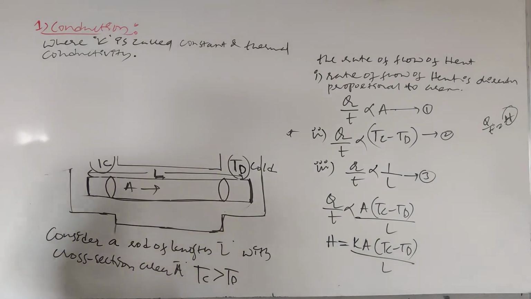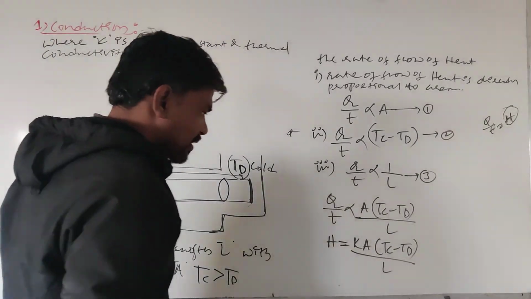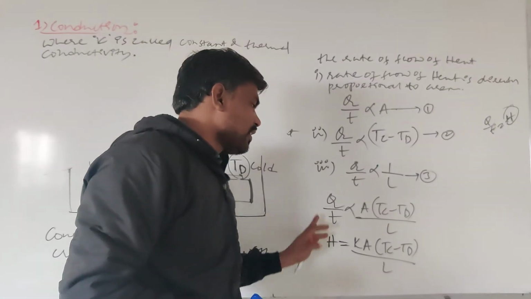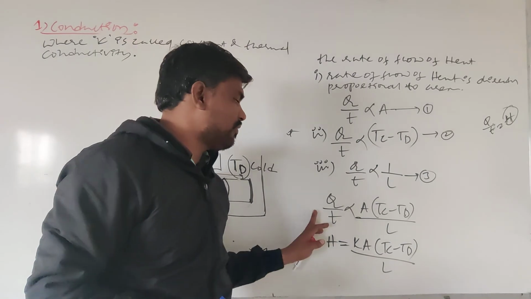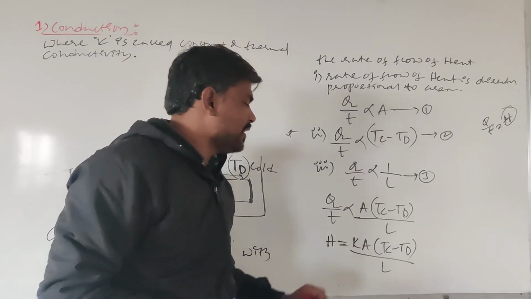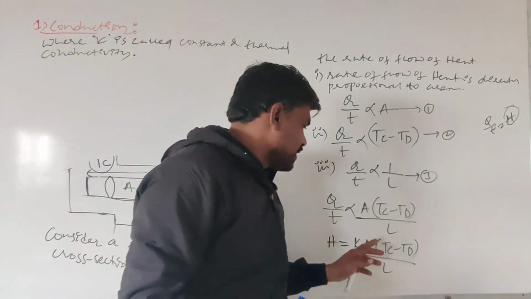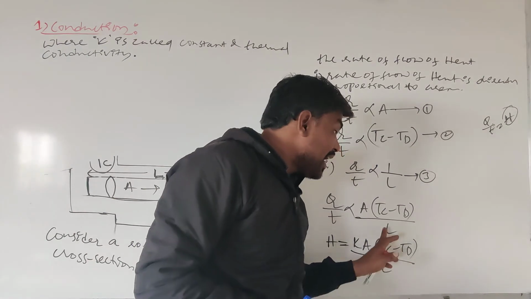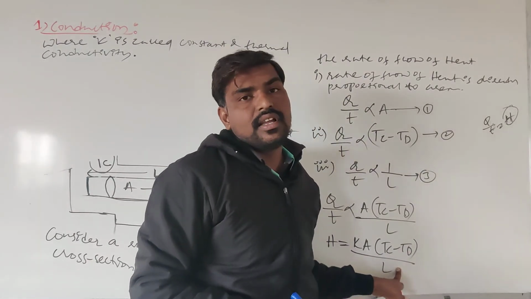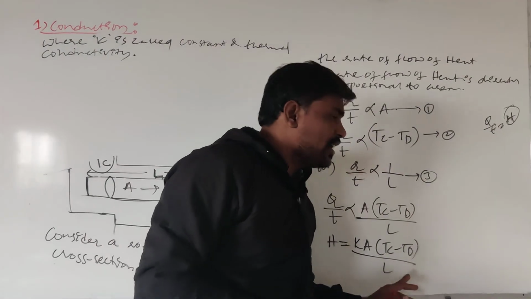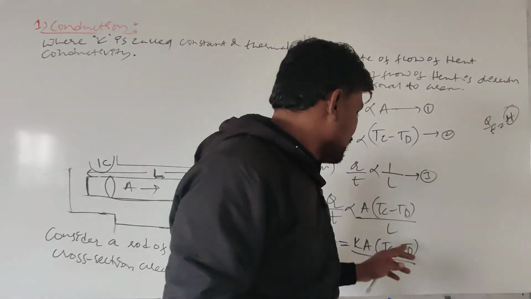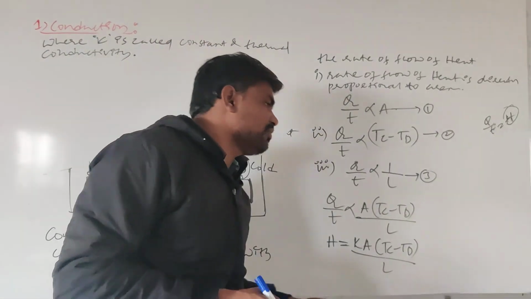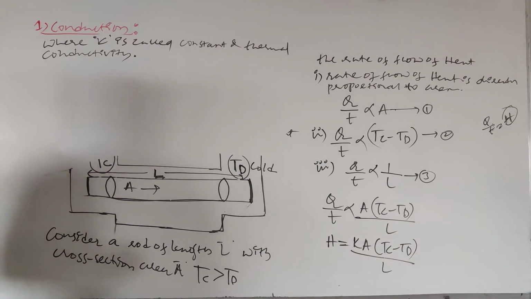So once again we are going to define it. This rate of flow of heat is defined for the unit cross section area and temperature difference, and inversely proportional to the length of the material or the length of that rod.